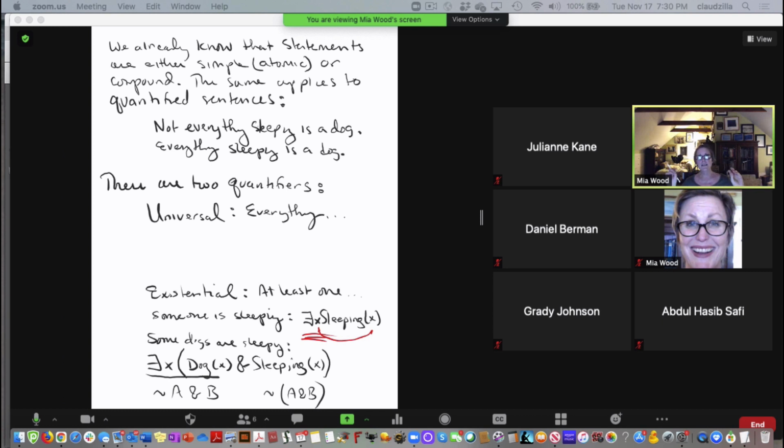That said, while we can understand, and correctly so, the idea of scope for a quantifier in terms of scope for a negation, we're going to see that there are some important distinctions between understanding what makes a quantified sentence true versus what makes a truth functional sentence true. So don't let go of that. Know that we're going to keep flexing that idea and getting more and more out of it.